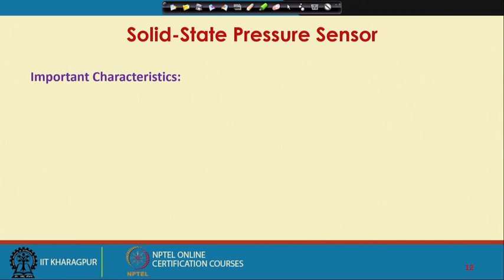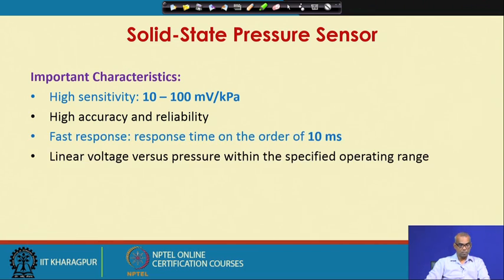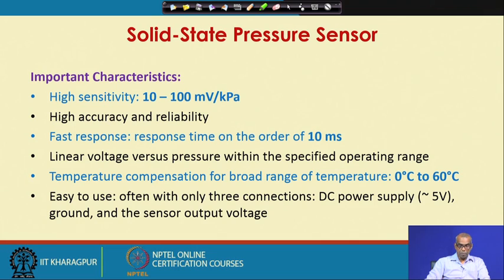So, certain important characteristics of solid state pressure sensor. It has very high sensitivity, 10 to 100 millivolt per kilopascal, high accuracy and reliability, fast response time on the order of 10 milliseconds, linear voltage versus pressure within the specified operating range, and temperature compensation for a broad range of temperature, 0 degree Celsius to 60 degree Celsius.